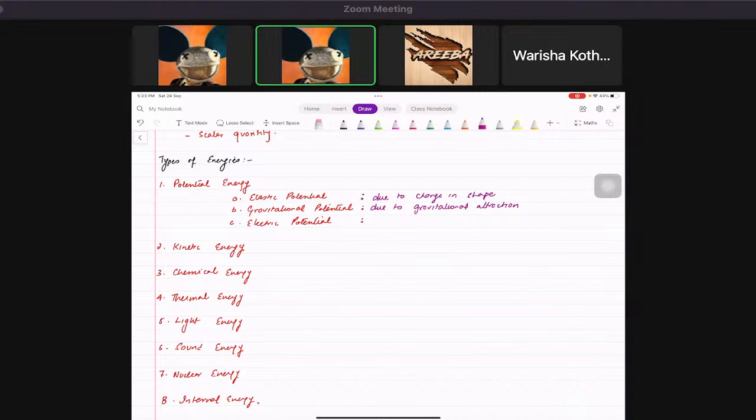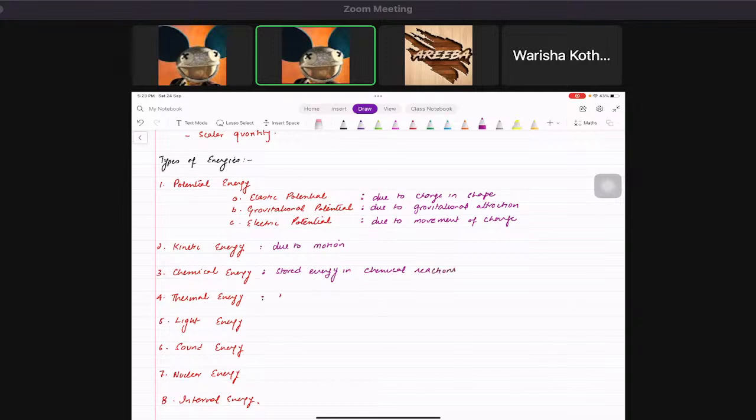Electric potential is due to movement of charge. Kinetic energy is due to motion. Chemical energy is energy stored in chemical reactions.